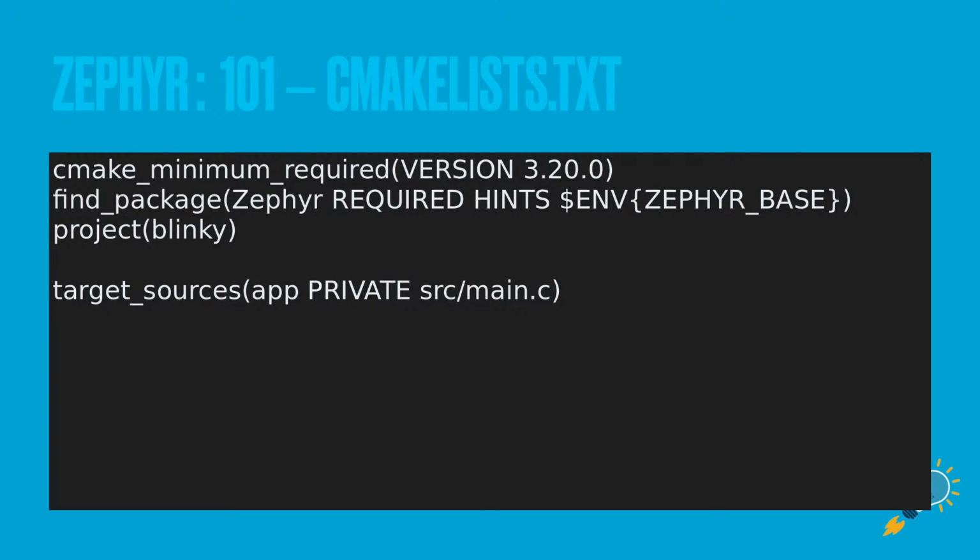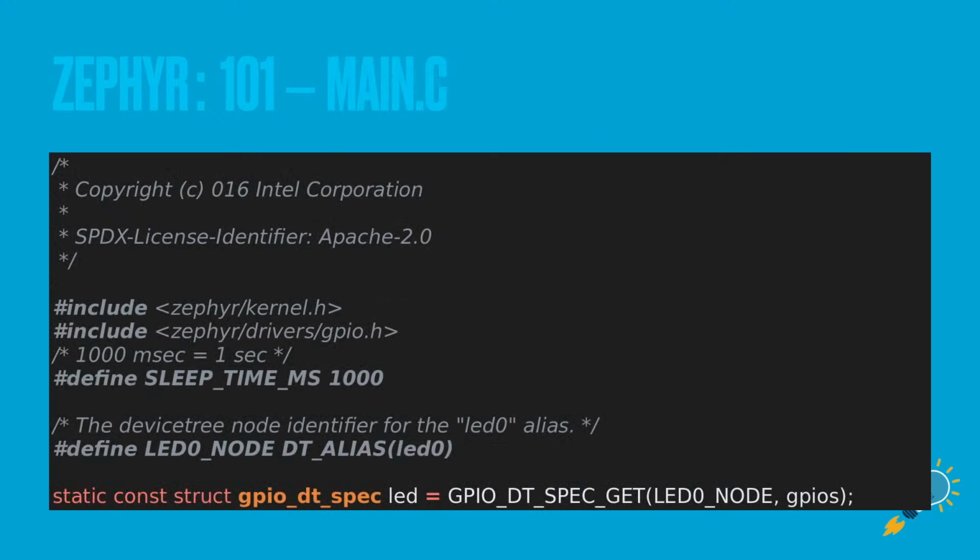This is the CMake. This is the very minimal CMakeLists to basically say, hey, I have a Zephyr project. I want to pull everything in. This is the name of it, project blinky, and then we want to make sure that we target the main.c file. So we're going to create a main.c in a source directory, src, and we'll get to that content right now.